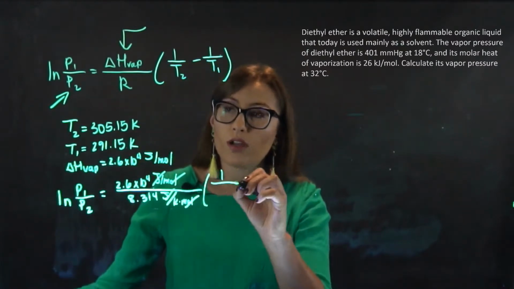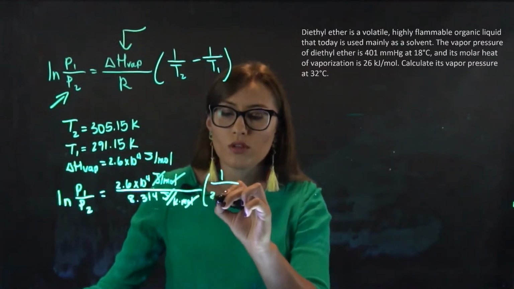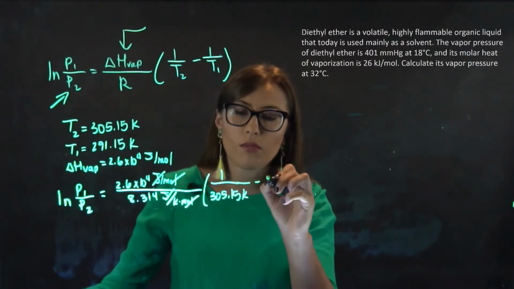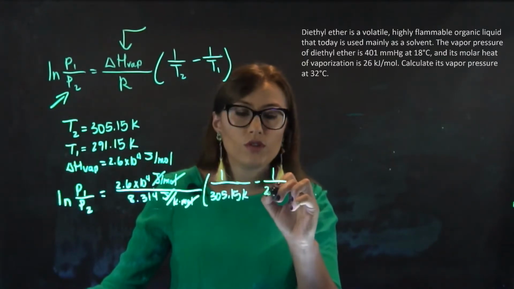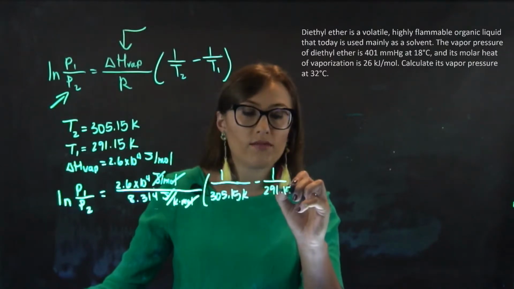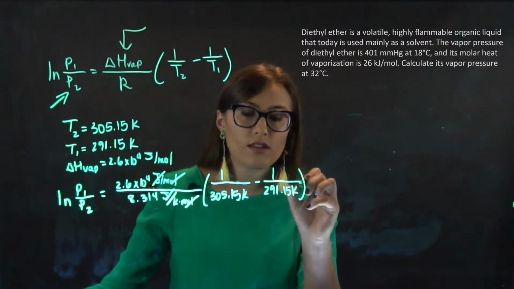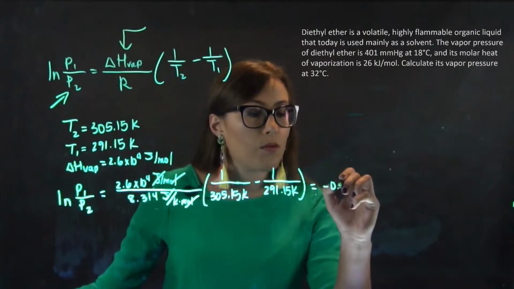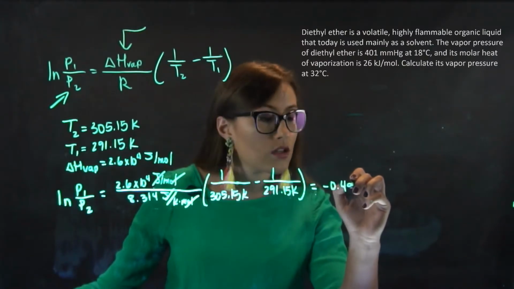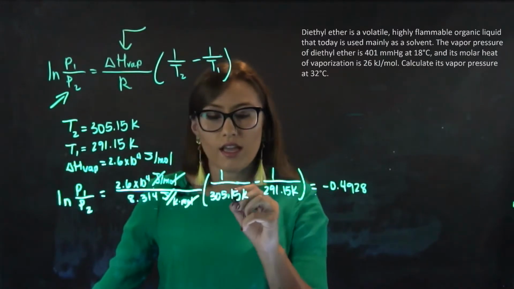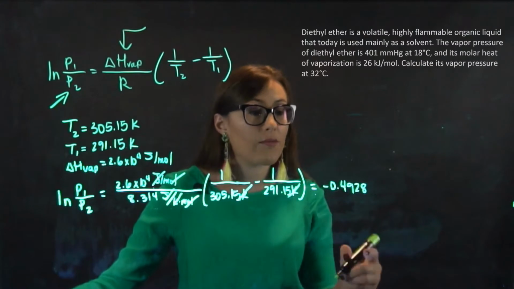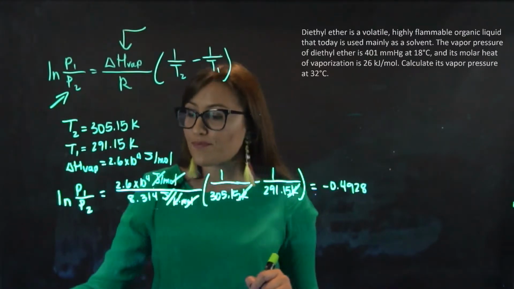We have over here 1 over T2, 305.15 Kelvin, minus 1 over 291.15 Kelvin. And this will simplify down to negative 0.4928. Once you simplify this, Kelvin and Kelvin will also cancel out. As you can see, this is unitless.